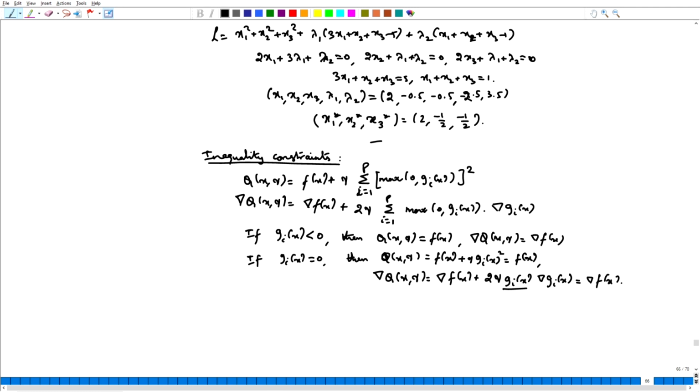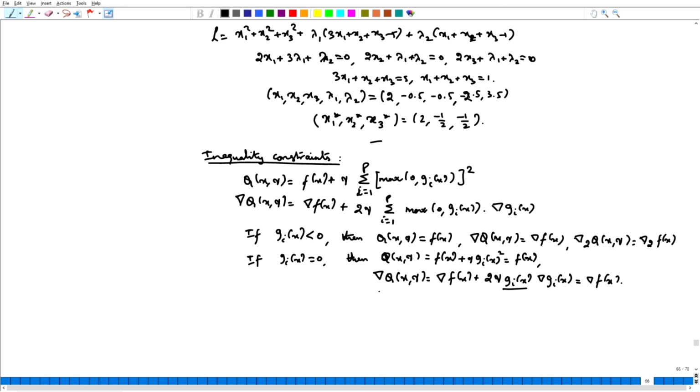Let us continue. If gi of x is less than 0, then q is f, del q is del f, and the Hessian of q is just the Hessian of f, no problem until here. But when gi of x is equal to 0, q is f of x plus gamma gi of x the whole square, del q is del f of x plus 2 gamma gi into del gi.